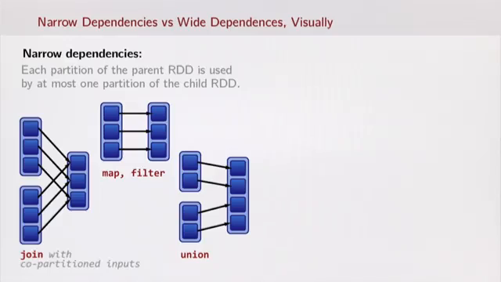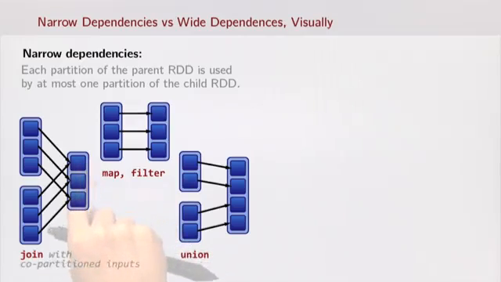And what might surprise you is that this is also true for joins that are already partitioned. If we recall in previous sessions how we were able to create joins where shuffles weren't required, this is the sort of join which has a narrow dependency. Just to go back to the definition, a join with co-partitioned inputs is a transformation with narrow dependencies because each partition of the parent RDD is used by at most one partition of the child RDD.